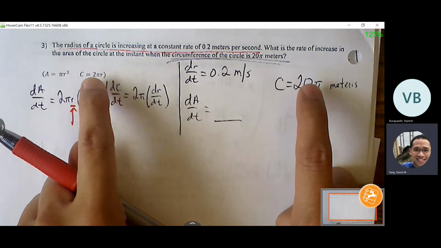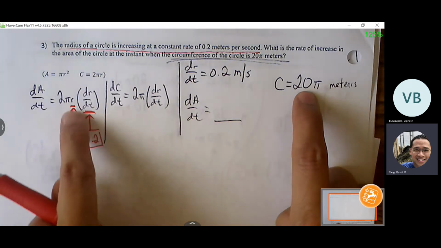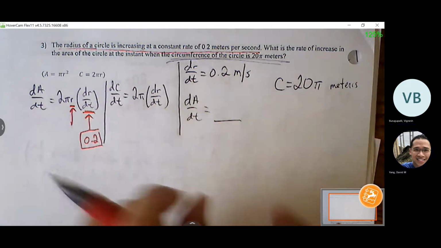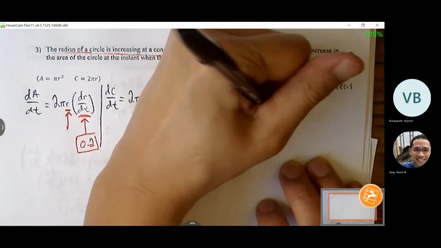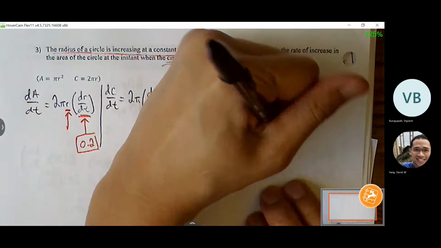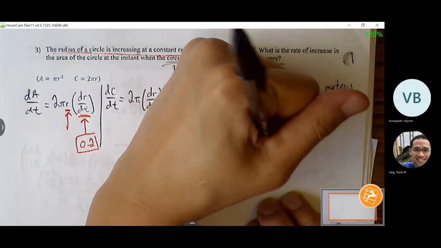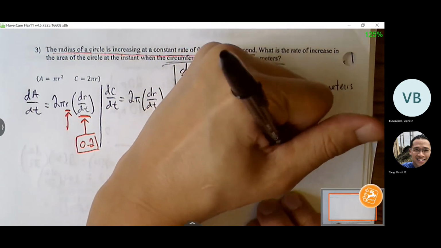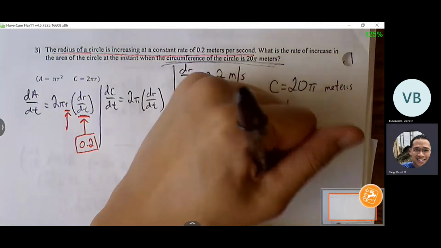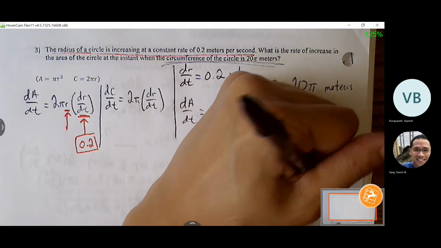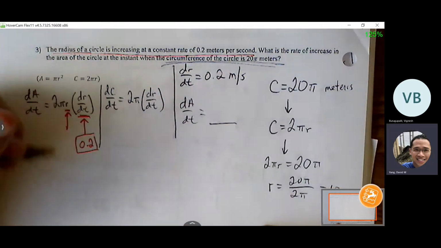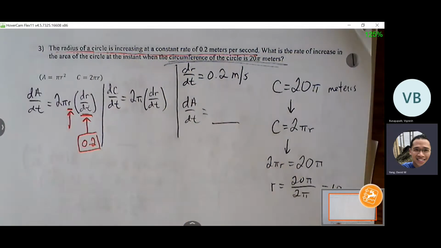I can use this information to solve for r. If I solve for r, I'm ready. I can insert all that in. Radius is 10.